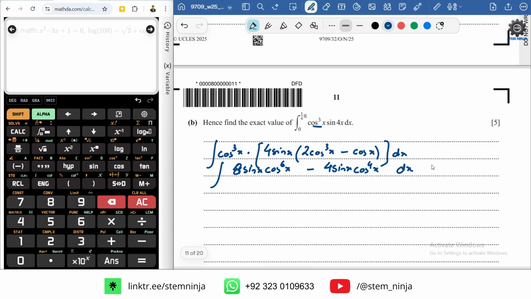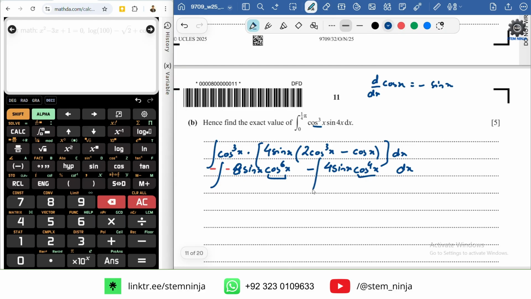I think this is straightforward now, not a big deal. We'll take this one as the powered function. The derivative of cosine is minus sine, so if you multiply a minus over here, that will be very easy.